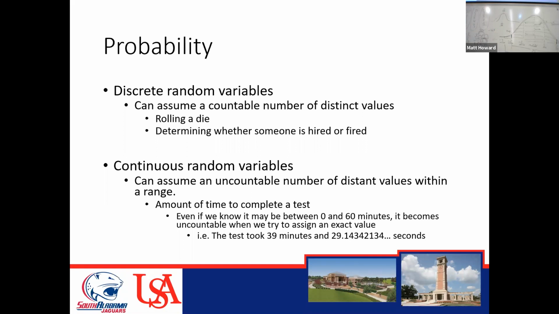Once again, discrete, we assign probabilities to the exact events themselves, like rolling a 1, 2, 3, 4, and so on. Whereas with continuous random variables, we assign probability values to ranges, so finishing within 0 to 10 minutes, 10 to 20 minutes, 20 to 30, and so on. And that's the main difference between those two.